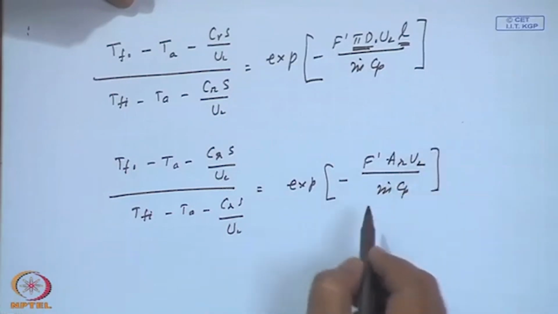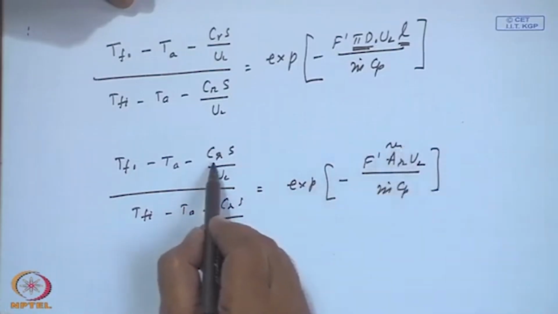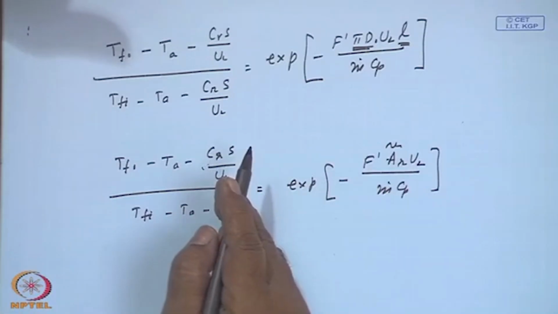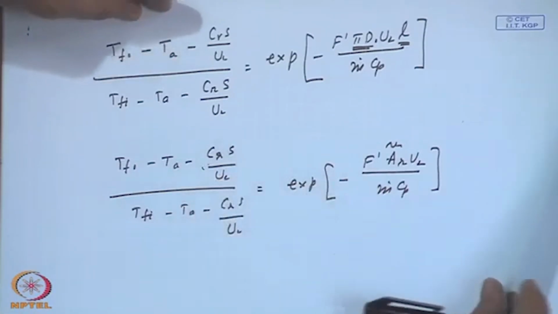Okay, so this is in terms of the area of the receiver, and if you put CR equal to 1, you will have the same equation we have had for the flat plate collectors.